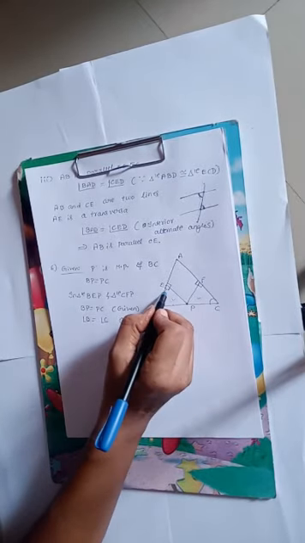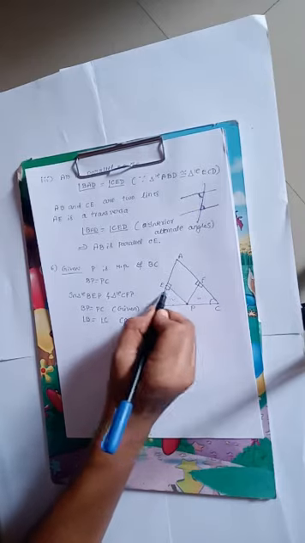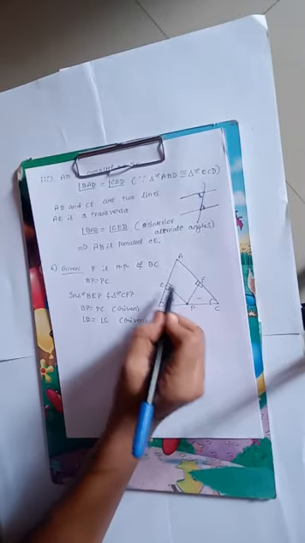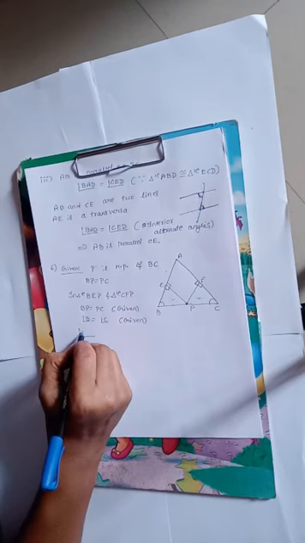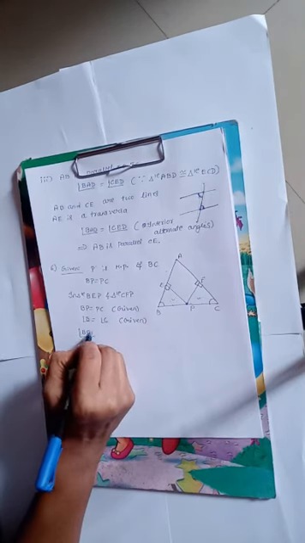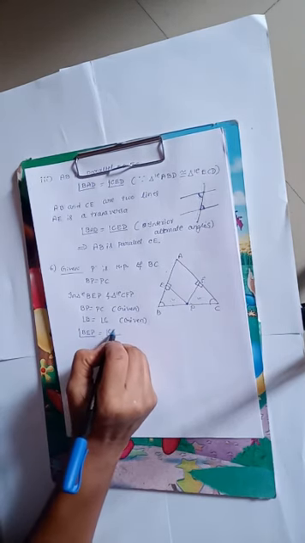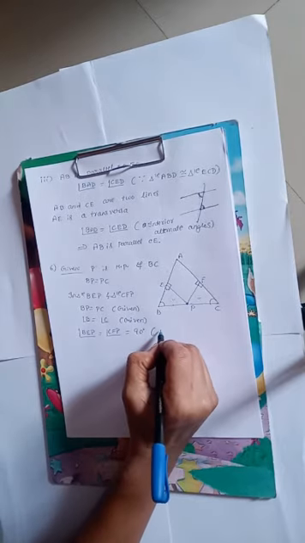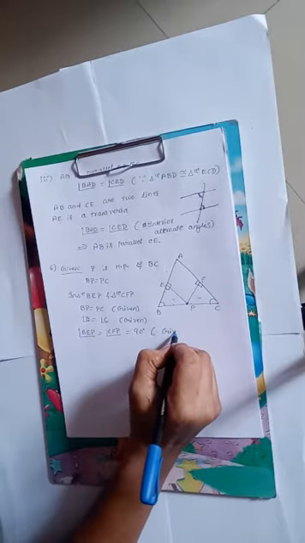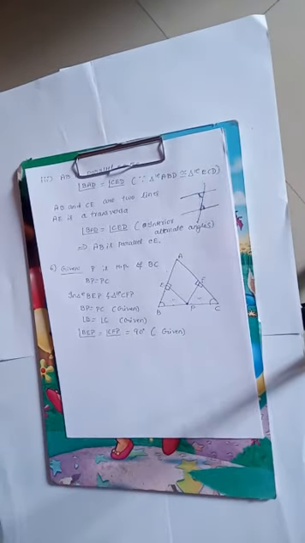Again, the angles formed are equal to 90 degrees because PE and PF are perpendicular to AB and AC. That is, angle BEP is equal to angle CFP equal to 90 degrees. You can write this in the given data only.